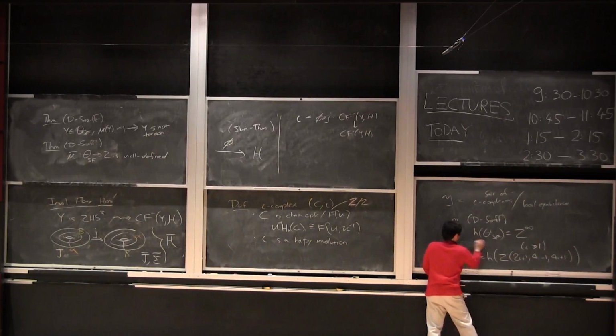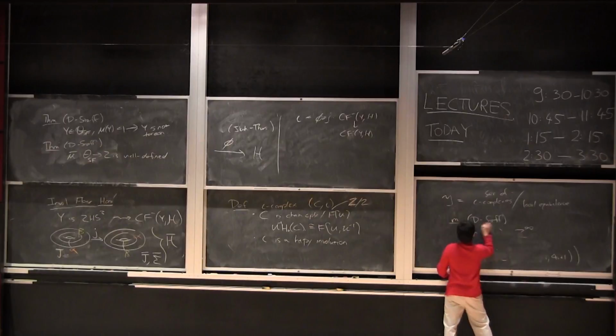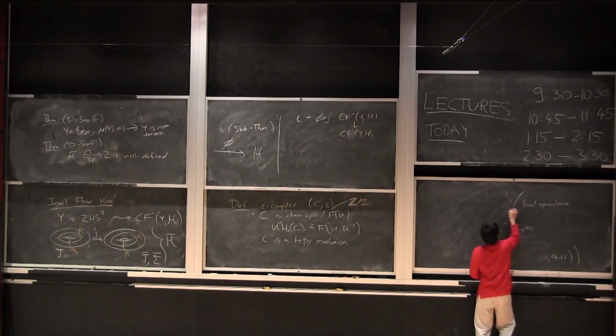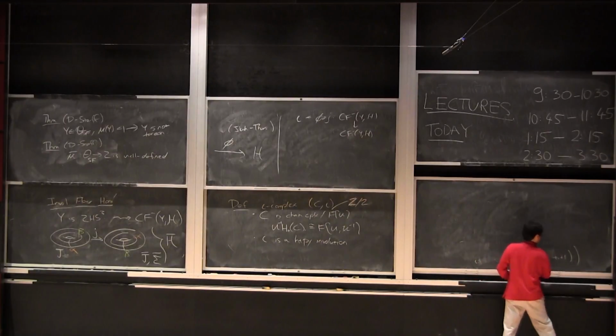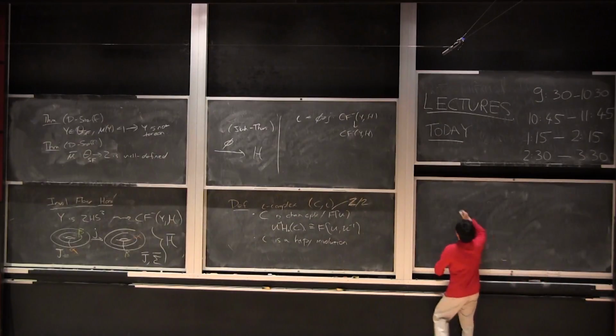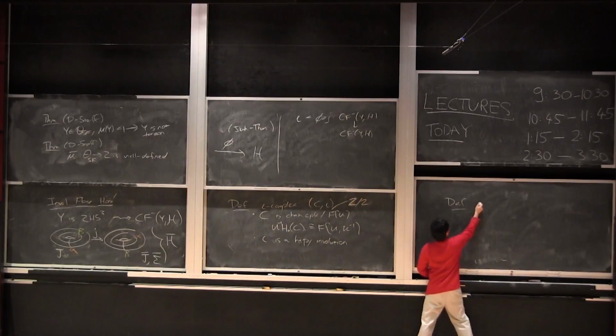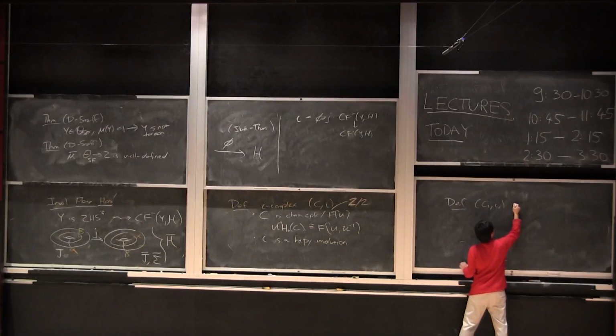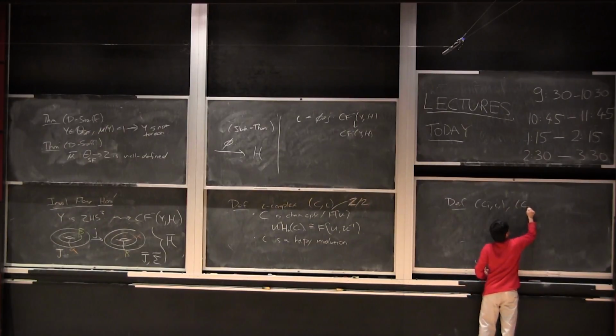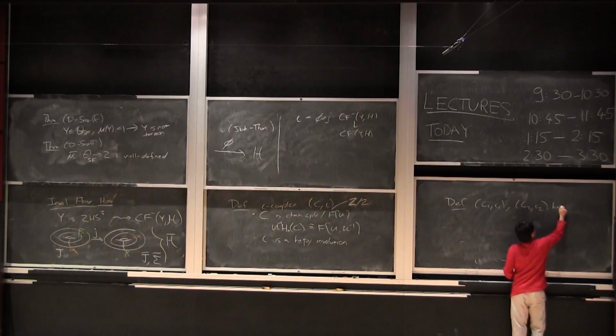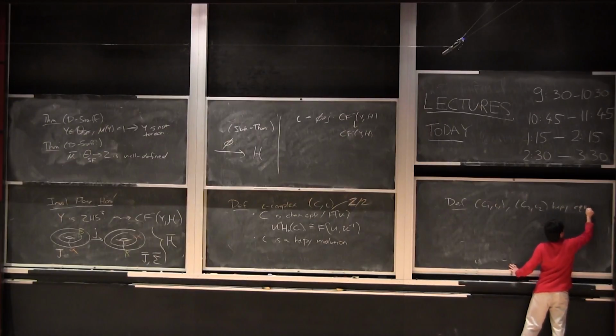Let me make an extra definition, which is that if I have two iota complexes, C1 iota 1 and C2 iota 2, these are homotopy equivalent. What does that mean?